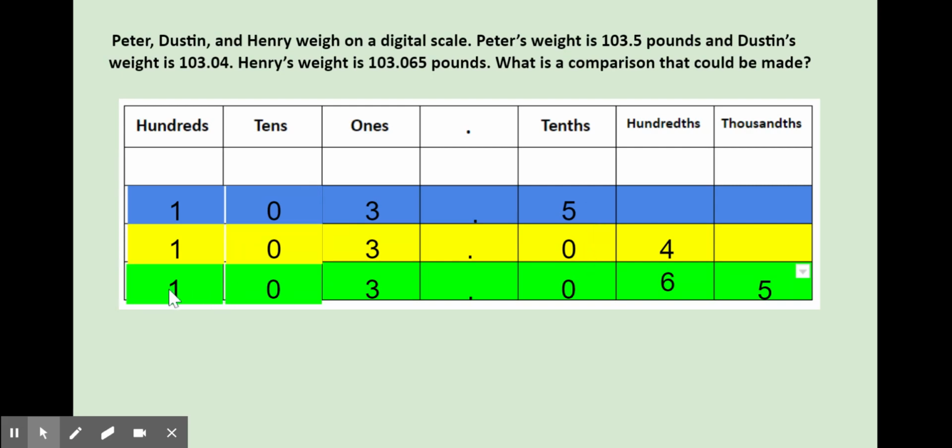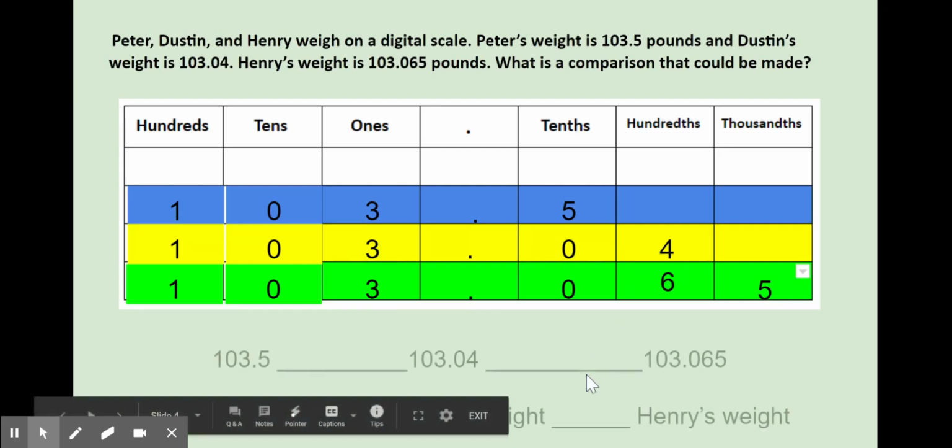So 103 and 5/10 is the largest number. The next largest number is 103 and 65 thousandths, and the smallest number is 103 and 4/100. So what comparison can we make? Well, we could say 103 and 5/10 is greater than 103 and 4/100, but 103 and 4/100 is less than 103 and 65 thousandths.